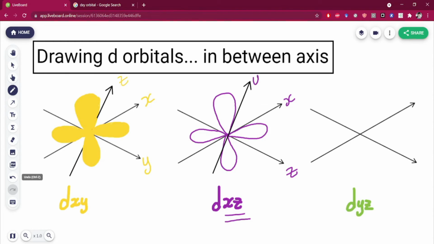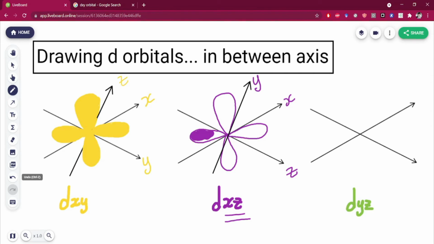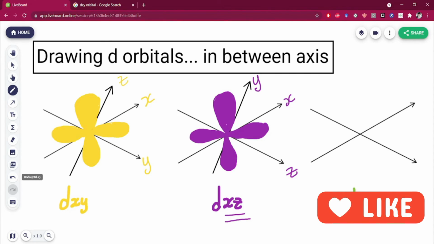Sorry, this is going to be your y-axis, not z, because you have z over here already. You have your y-axis there. Okay, so that's how it looks.